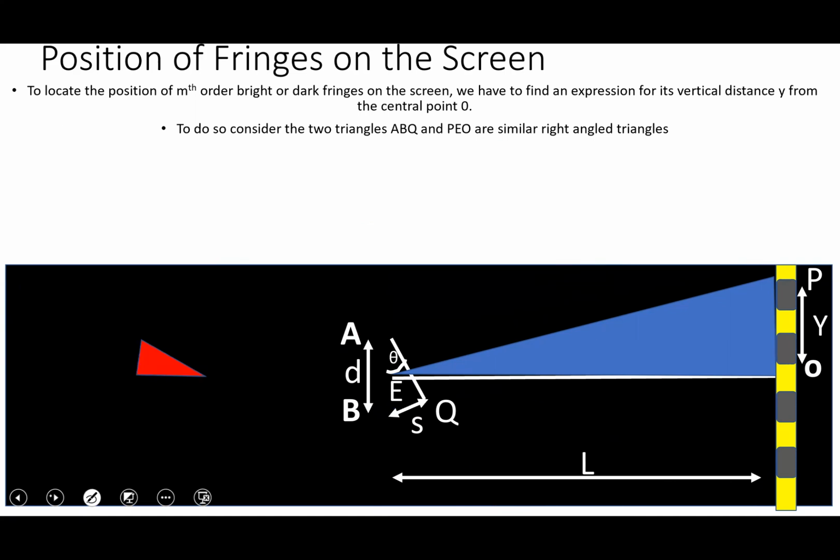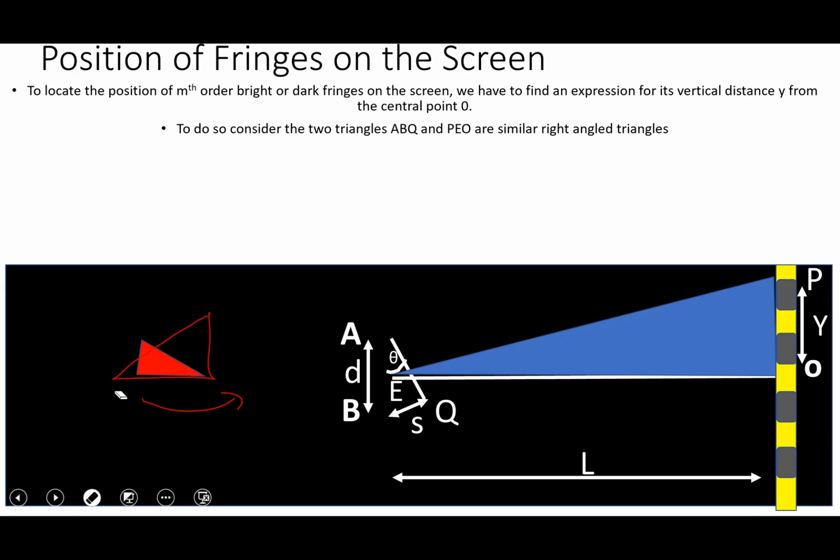If we rotate this triangle by 180 degrees, as you can see, the shape of this triangle is the same, and we move it back again. So it means that these triangles are similar to each other.